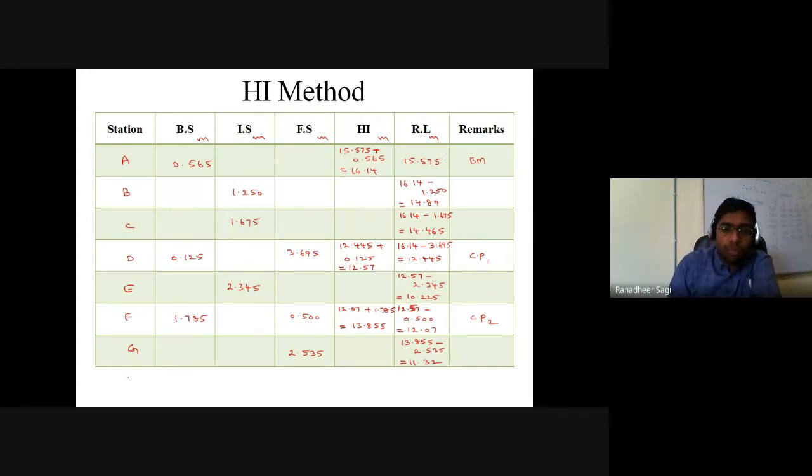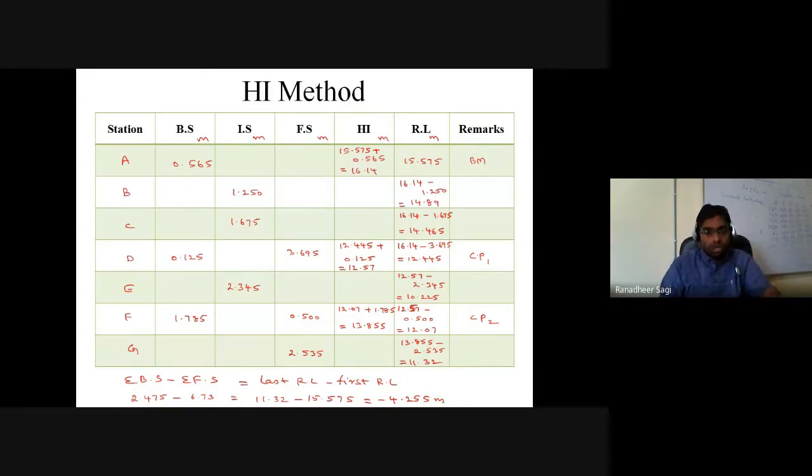Now let's go on to apply the arithmetic check, that is summation of backside minus summation of foresight. The summation of all the backside values, 2.475, minus 6.73. This should be equal to the last RL, 11.32, minus 15.575, which is minus 4.255 meters.